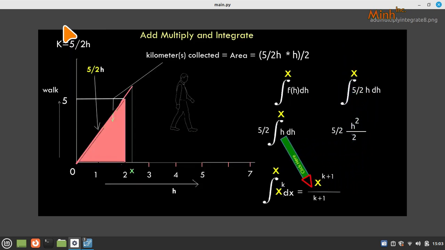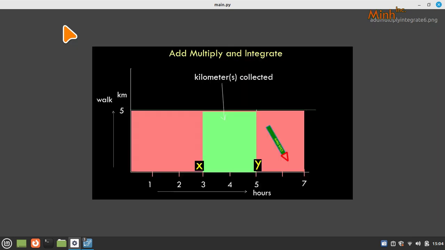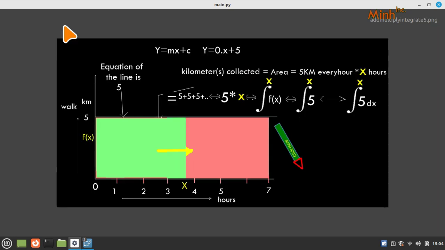If it is h to the power 1, then it becomes h square by 2. That is x to the power k plus 1. So for k is 0, it is valid. For k is 1, it is valid. So this is the area. What we are trying to find is the integration for the basic shapes.